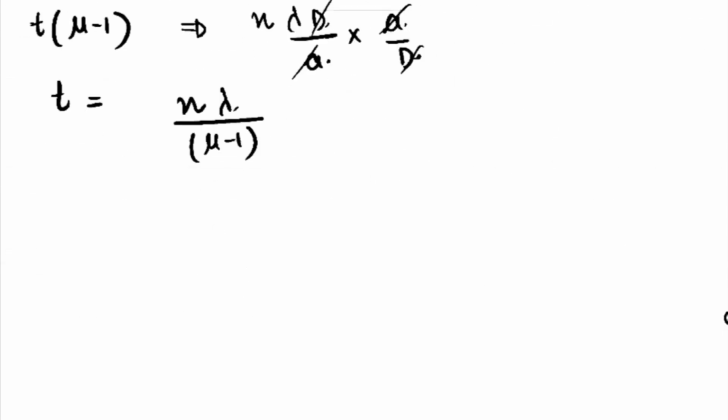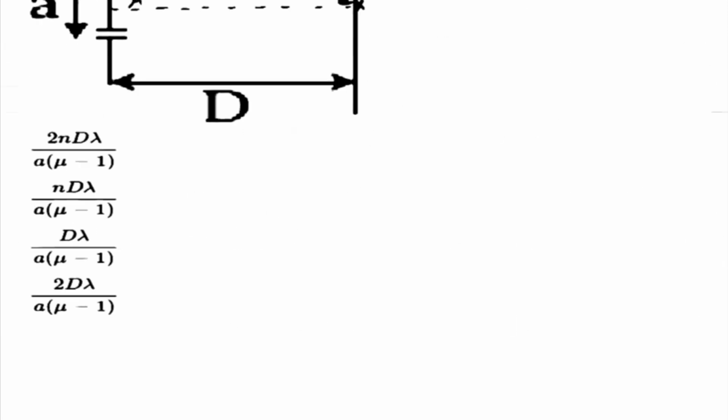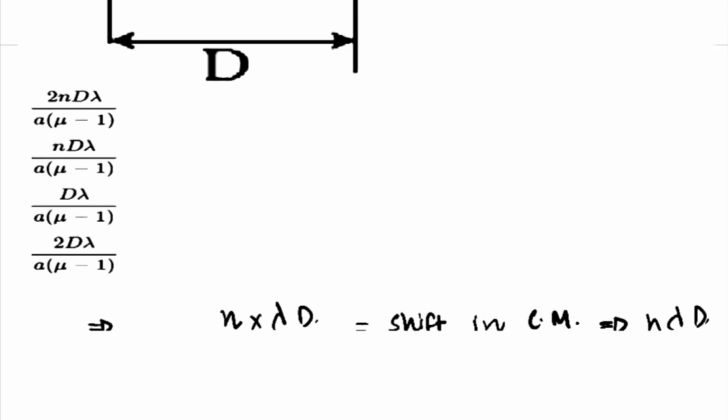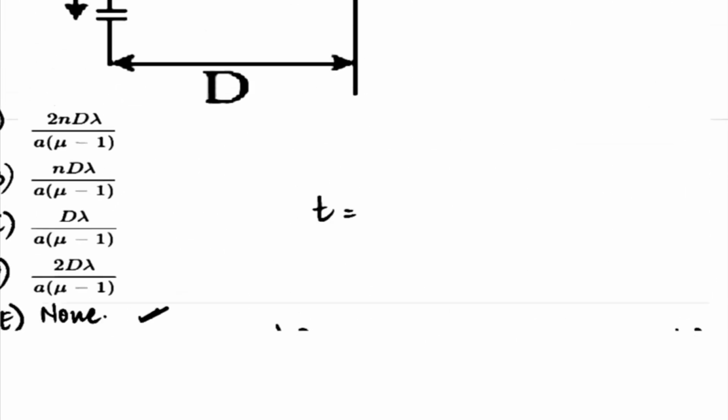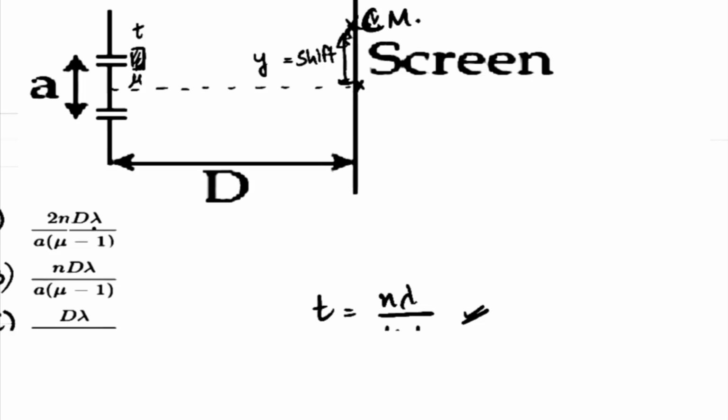Okay, so this is what the thickness is, but as we can see this is not given in any of the options, so the answer should be option E, which is none, right? As the thickness t will be given by n lambda upon mu minus 1. This is how the thickness of the sheet will be given. Okay, I hope this helps you with the answer.